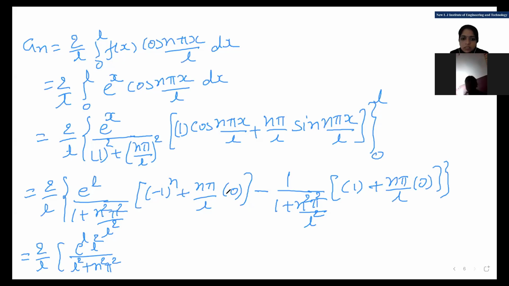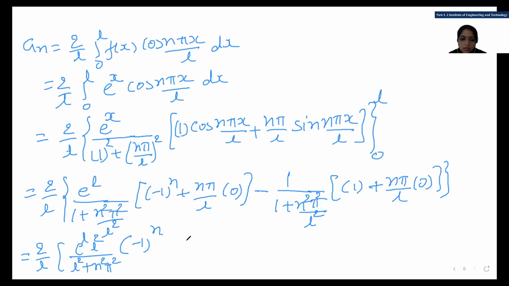This one is 0, so minus 1 raised to n, right? Into minus 1 raised to n. Similarly, minus, if I take LCM here, this is L square upon L square plus n square pi square into 1. This n pi upon L into 0 is 0, so into 1, so no need to write 1 here.